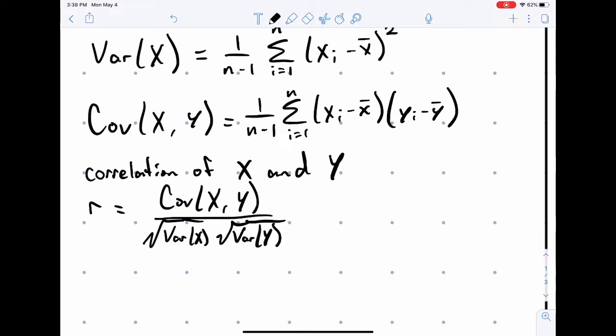We prefer things like correlation and standard deviation over variance and covariance in the sense that they're more interpretable. That is, they're in the original units, and in the case of correlation, it is unitless. It has no units at all, whereas the others are in units squared or units multiplied by each other.